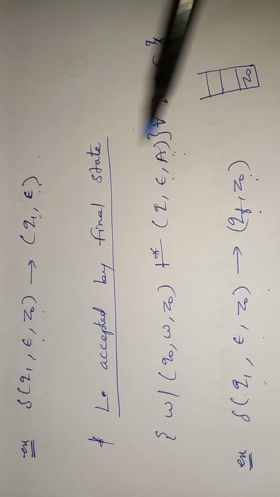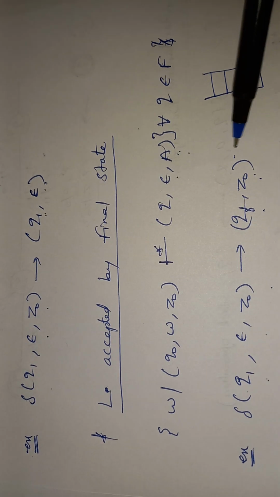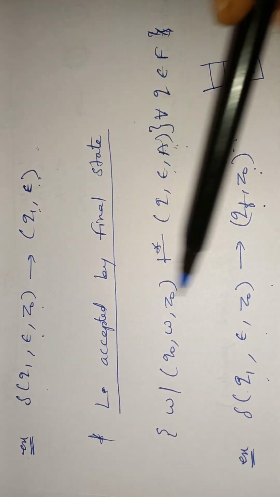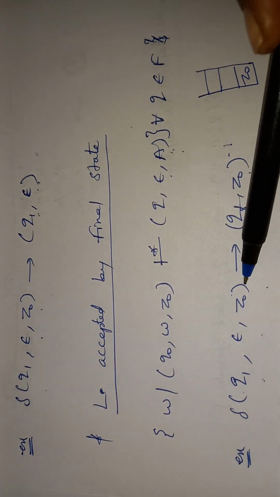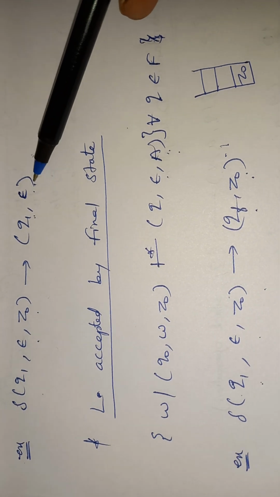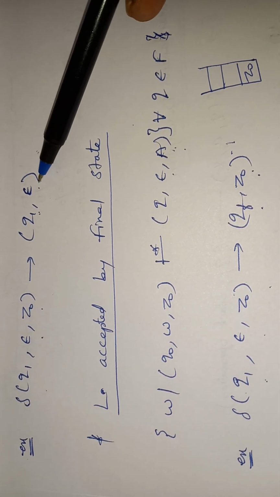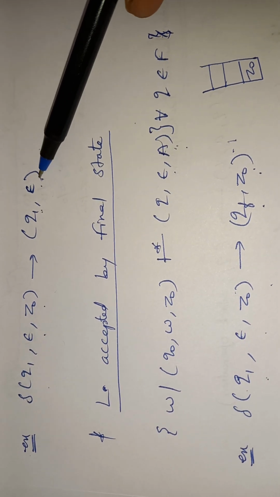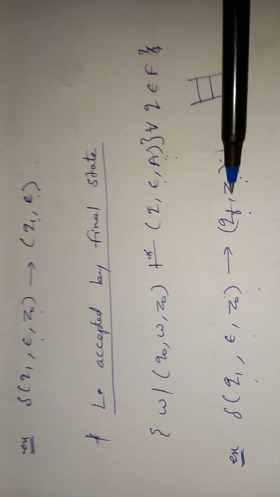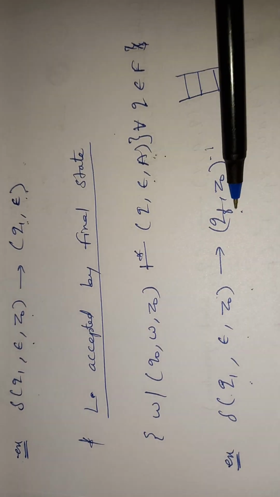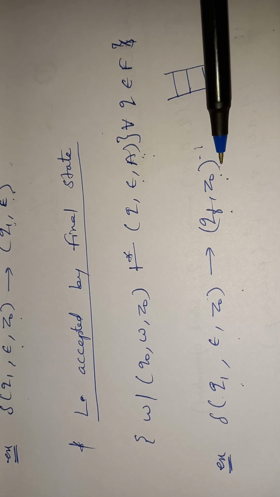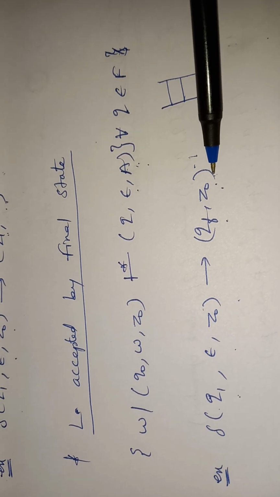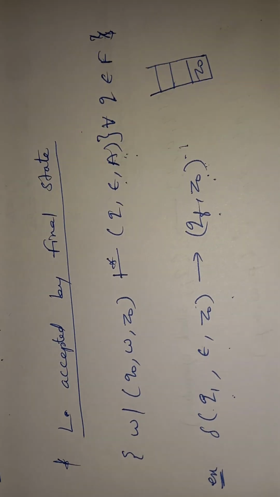Can you see the difference between the two? See, the left hand side transition function is the same. In the right hand side, if Z0 is not there, you have nullified it, then we call it accepted by the empty stack. Whereas when it is QF, that is the final state, and Z0 is present, we call this accepted by the final state. Right? Thank you.